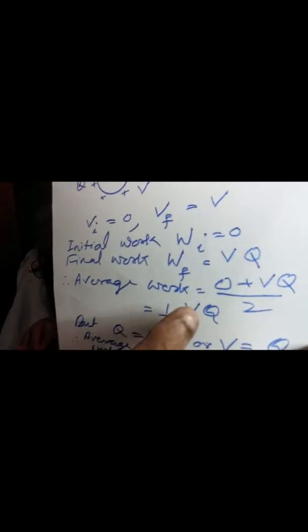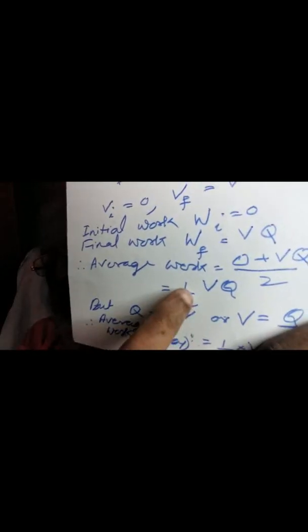That is 0 plus V into Q by 2, or QV by 2.